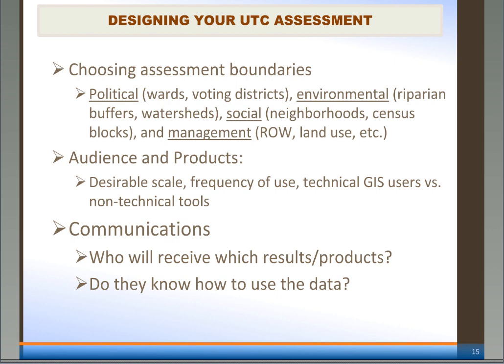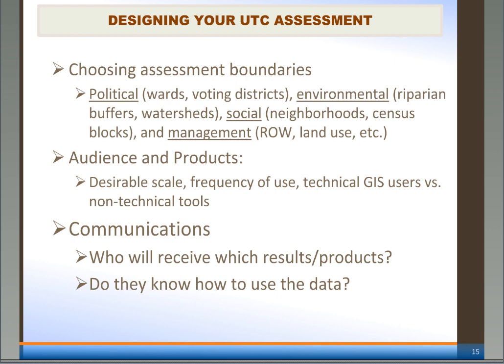So there's political boundaries that you can assess existing and possible tree canopy. There are more environmental data layers. You could have corridors for riparian streams. You might have watershed or sub drainages, and you want to know how your canopy is broken out in those types of more environmental perspectives.